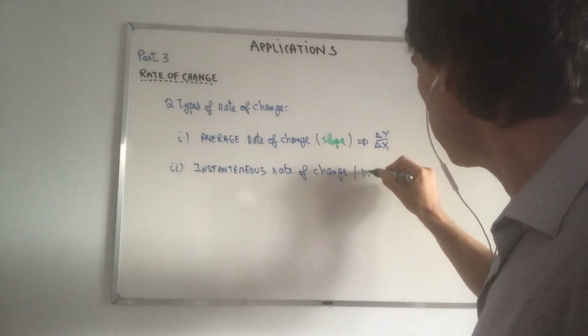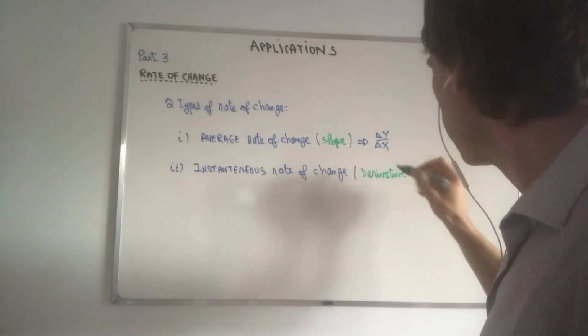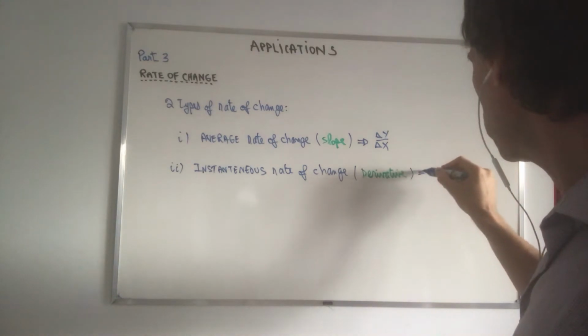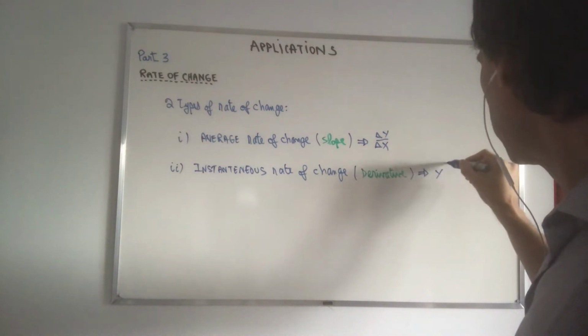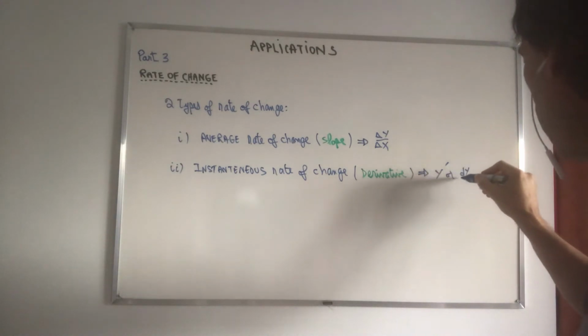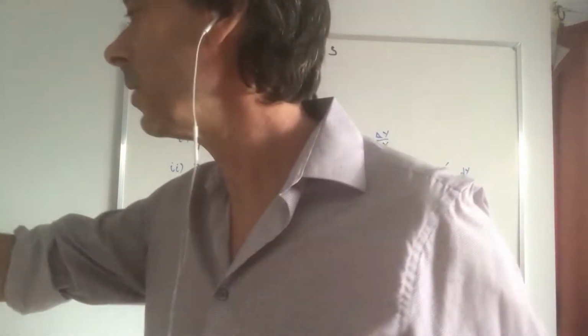This will involve the derivative. So, what is the derivative? The derivative is y prime, or what we have called dy/dx in the Leibniz notation.